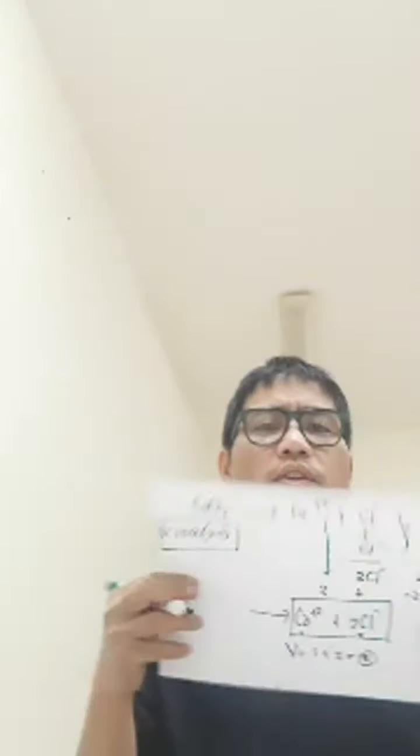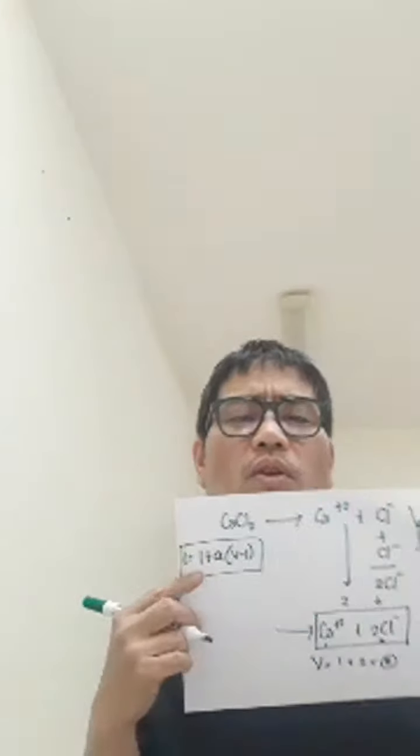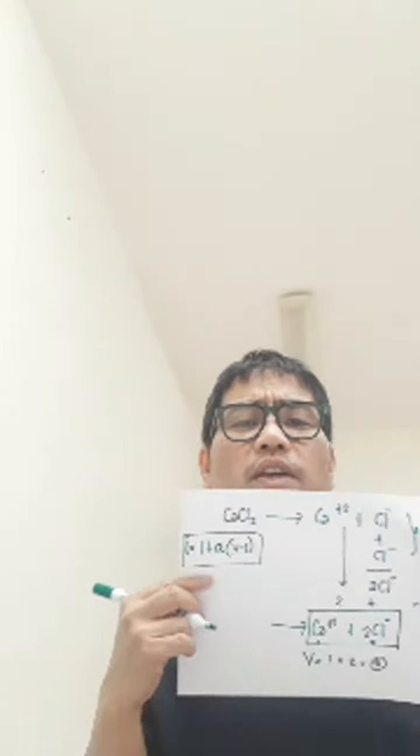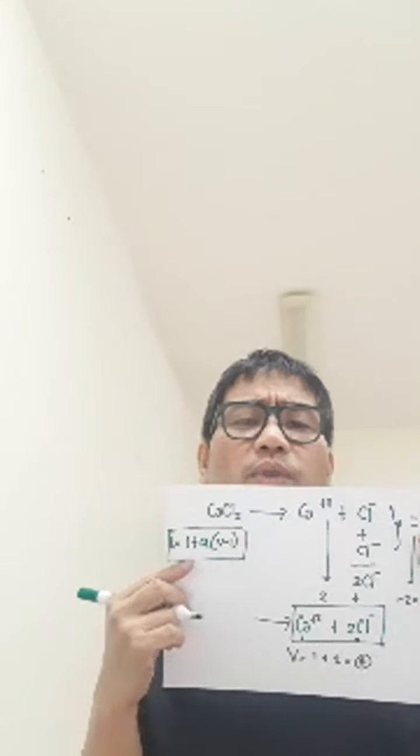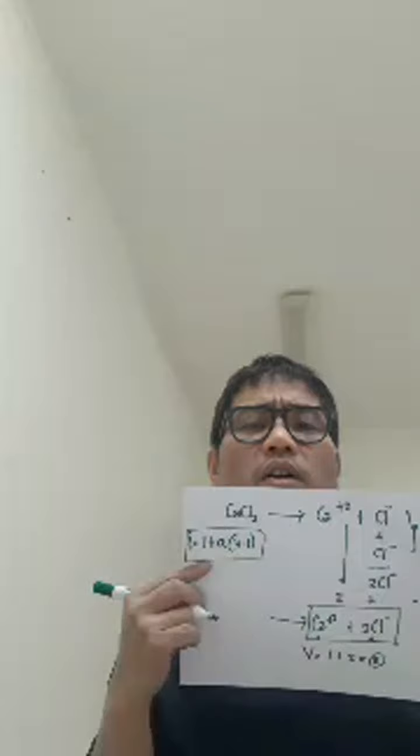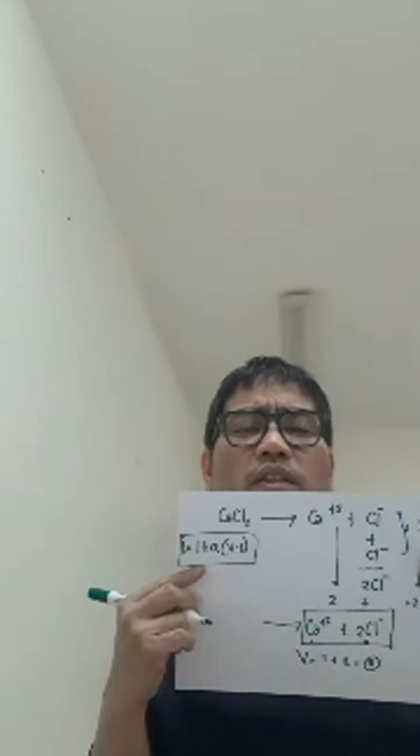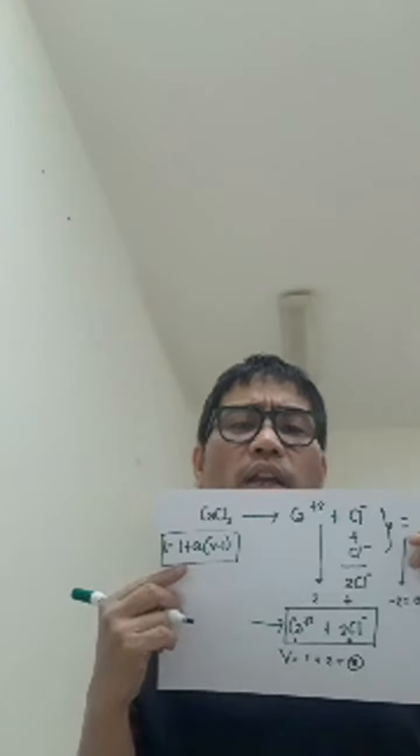The Van't Hoff factor, or dissociation factor, is always i = 1 + alpha(v - 1). For a perfect degree of dissociation, which is 100%, alpha is equal to 1.